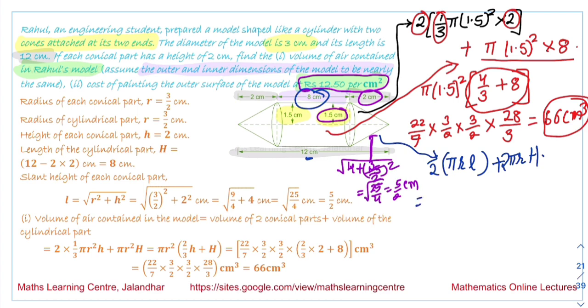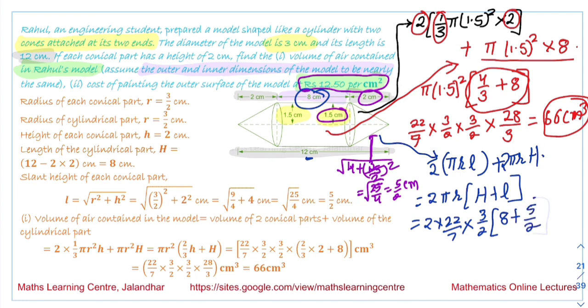So when we substitute these values, 2 pi r is common, and it is h plus L. So the answer we get is 2 into 22 by 7. The radius we have is 3 by 2, and the value of h we have is 8, and the value of L we have is 5 by 2. So on substituting this value we will get 2 into 22 by 7 into 3 by 2 into 21 by 2.